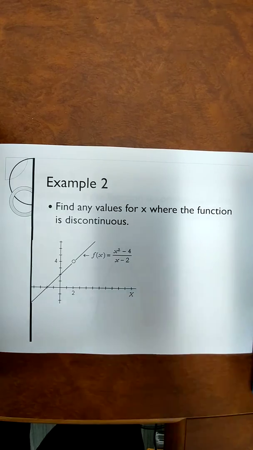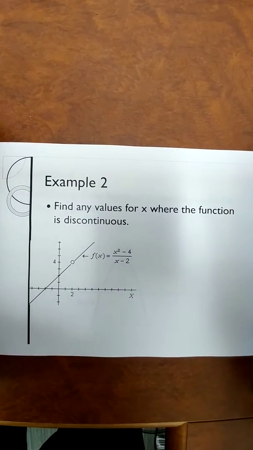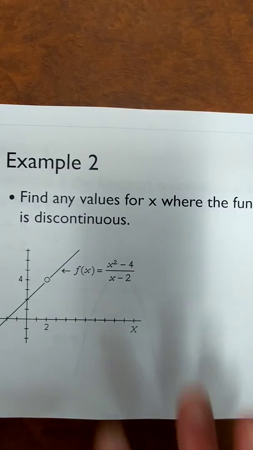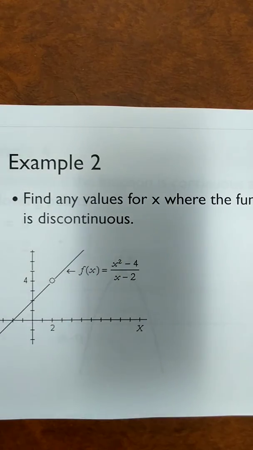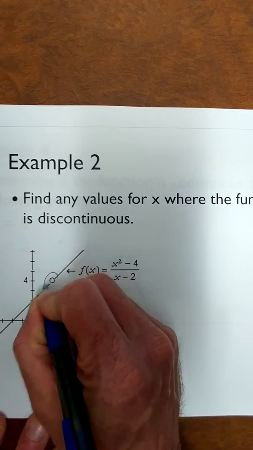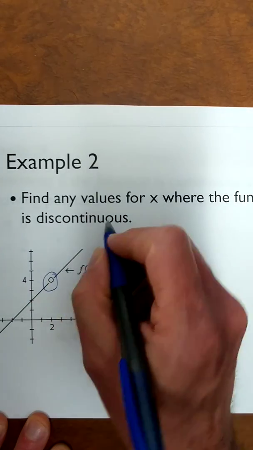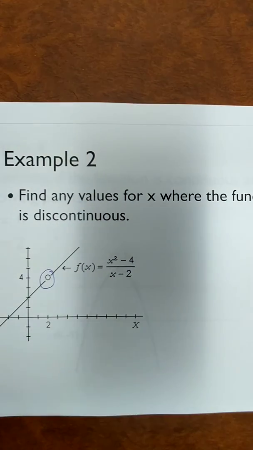So, for example, if we look at this one, and I will zoom in just a little bit here. Is there a place where the graph is not piecewise smooth? And the answer is here at 2. Everywhere else the curve is piecewise smooth.